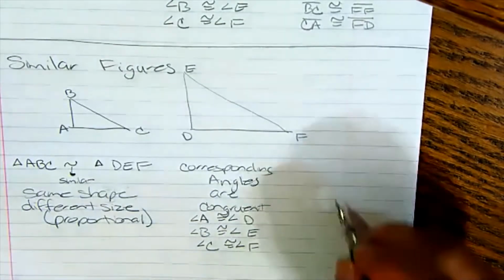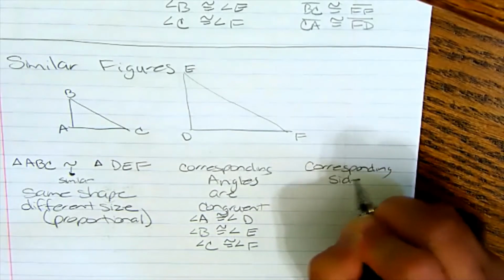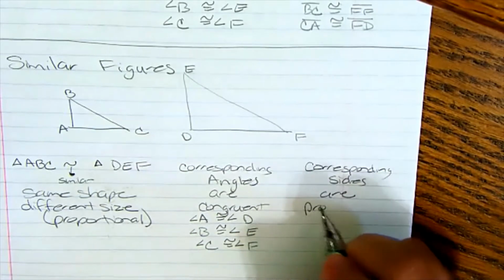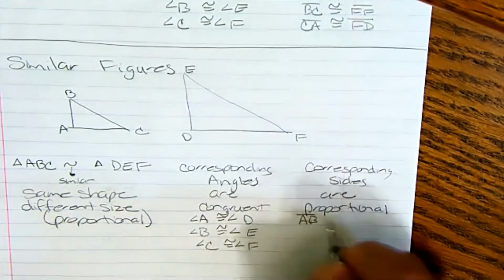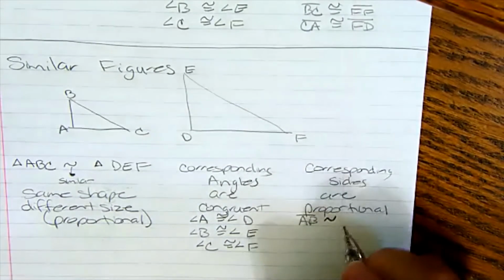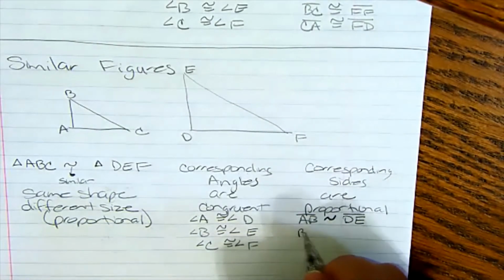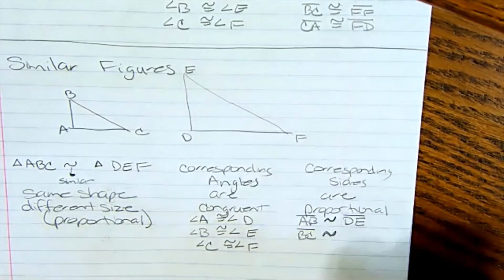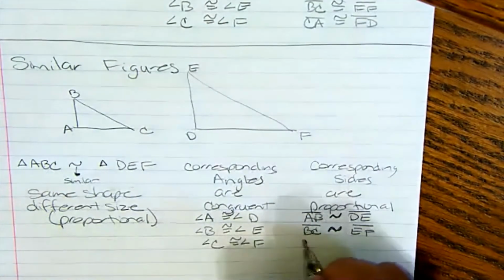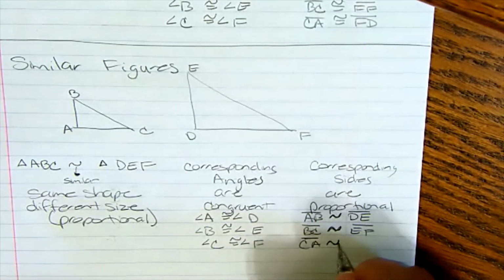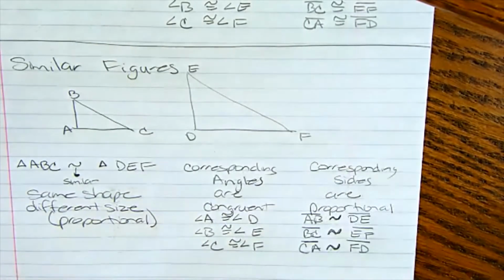Now, where the difference lies is corresponding sides. Corresponding sides are proportional. So AB is similar to DE. They're proportional. Side BC is similar to side EF. And side CA is proportional or similar to side FD.